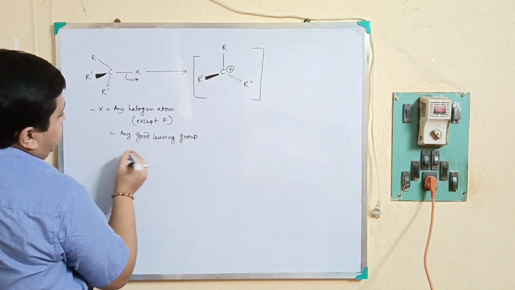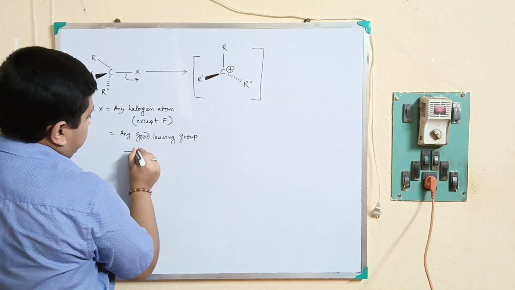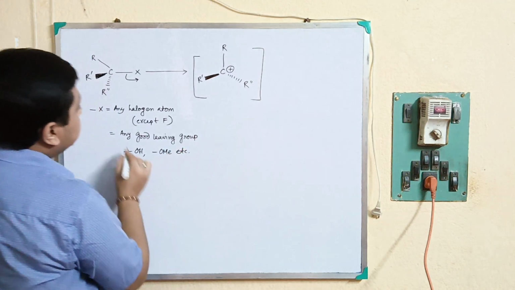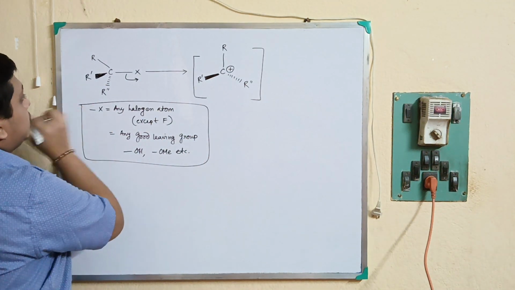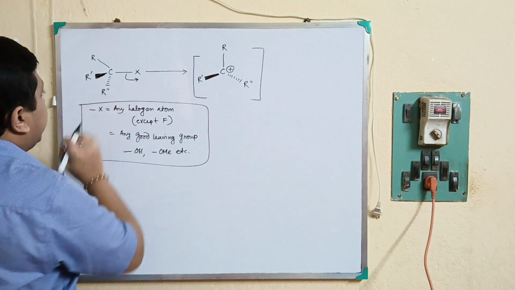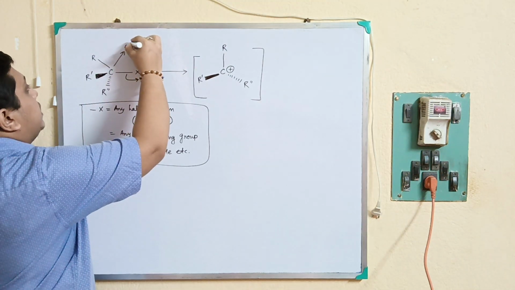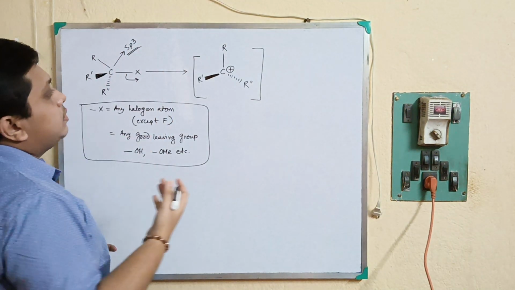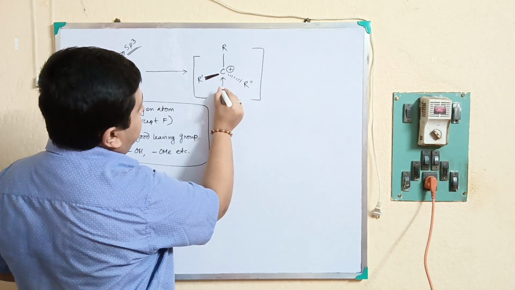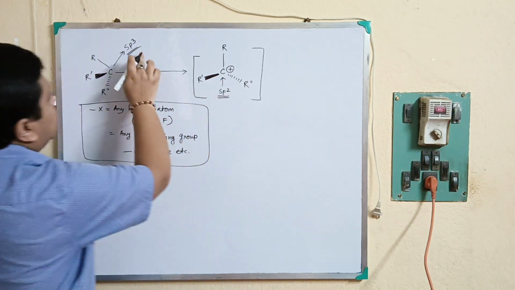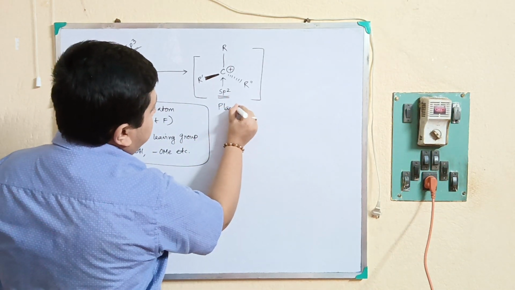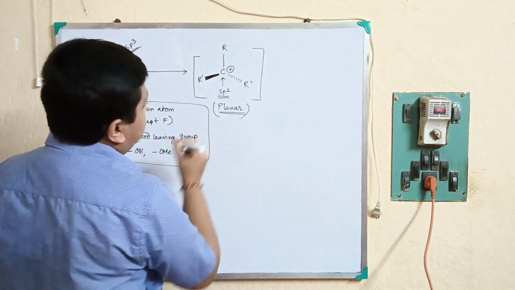Let's suppose it may be OH, OMe, etc. Now, here we can see the carbon in the substrate or the reactant is sp3 hybridized, but when the reaction starts, it forms the carbocation where the central carbon atom becomes sp2 hybridized, hence the structure changes from tetrahedral to planar shape. This is a very basic concept of this reaction.